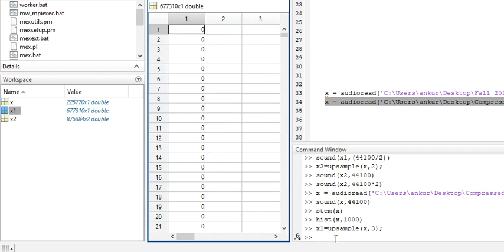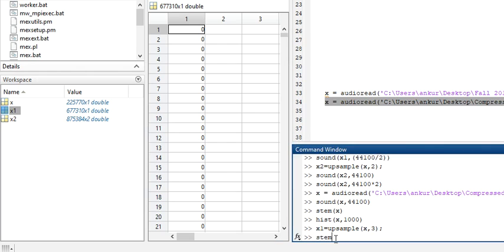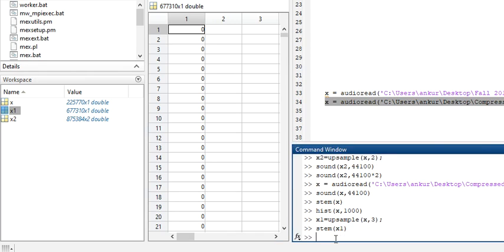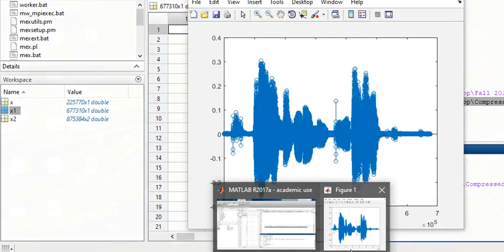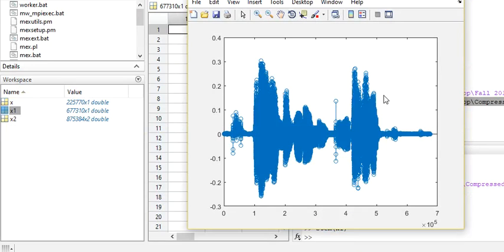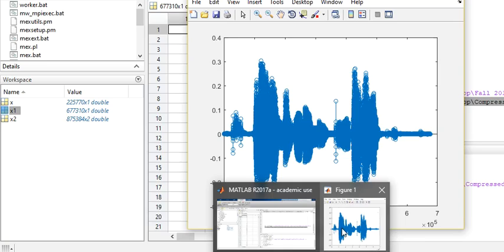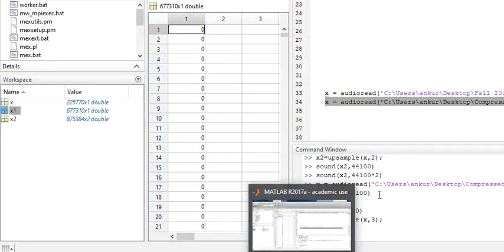Actually I should stem it because that makes much more sense. X1. Actually since the factor is 3 here, for every one sample it puts 2 zeros.